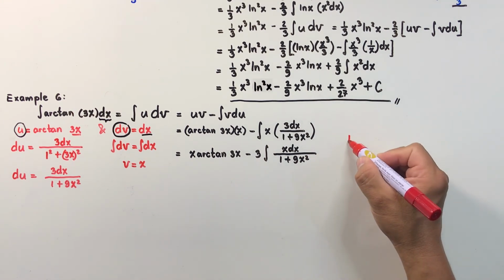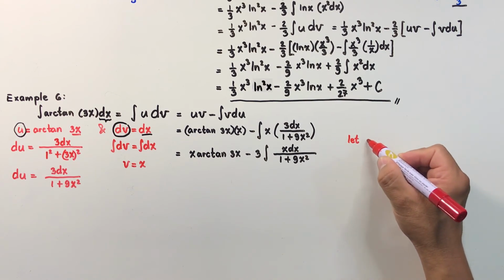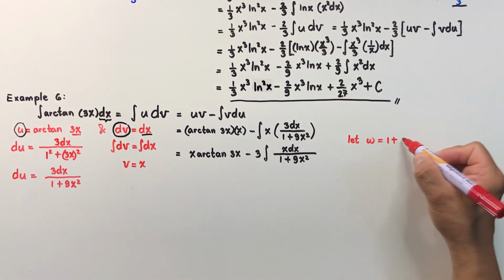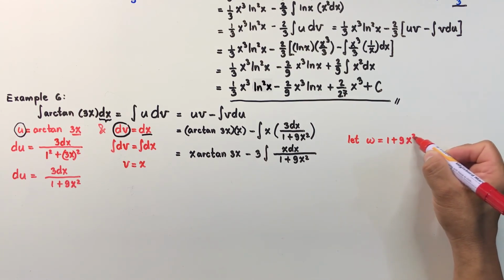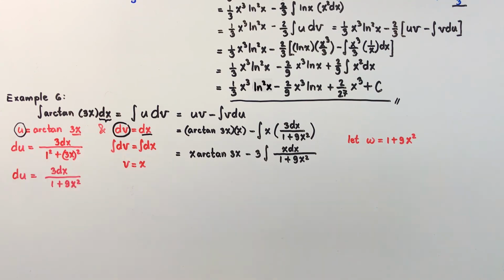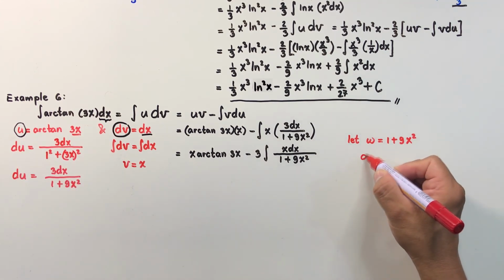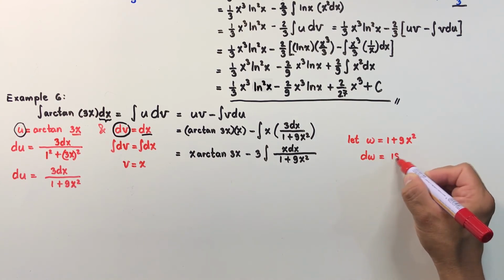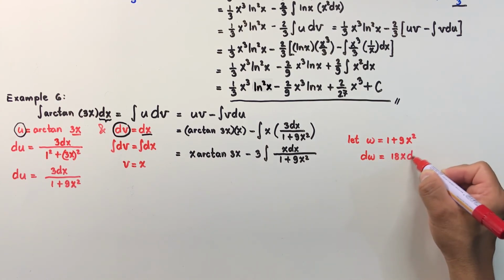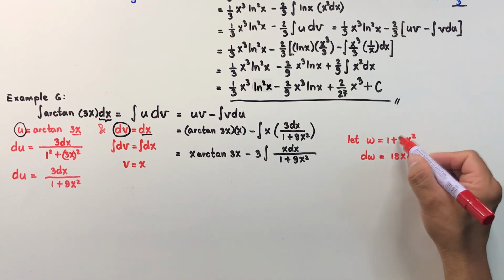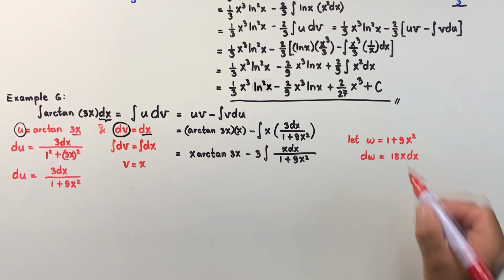Because if we let our denominator as w, so 1 plus 9x squared is our w. I'm not using u this time because I have my u here. We notice that our dw is just 18x dx, because the derivative of 1 is 0 and the derivative of 9x squared is 18x.